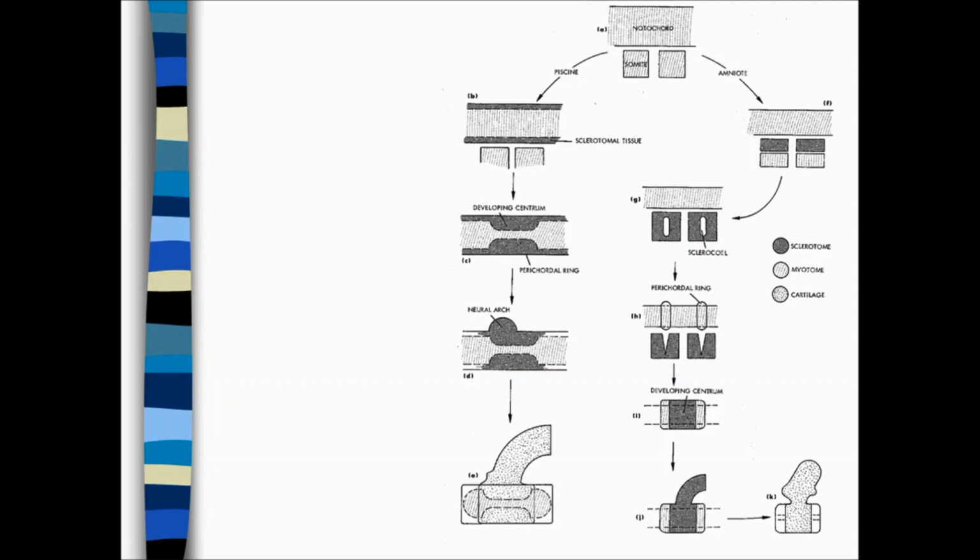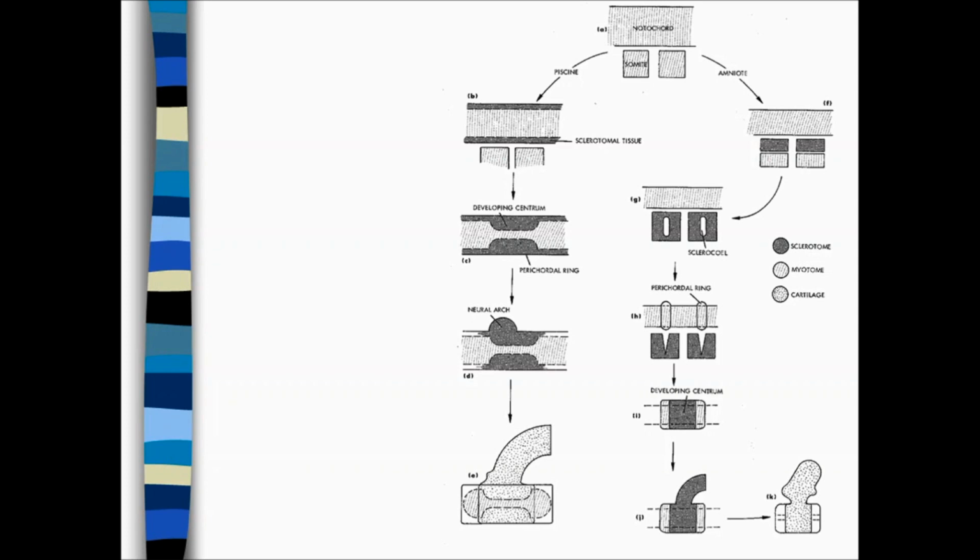Okay, and if we go down this direction for fishes, or down this direction for amniotes, so for the terrestrial animals, what you'll notice is that when we develop, these centra are forming across these segments. Here's one myotome, here's another myotome, and notice how these centra bridge the gap between those two myotomes.